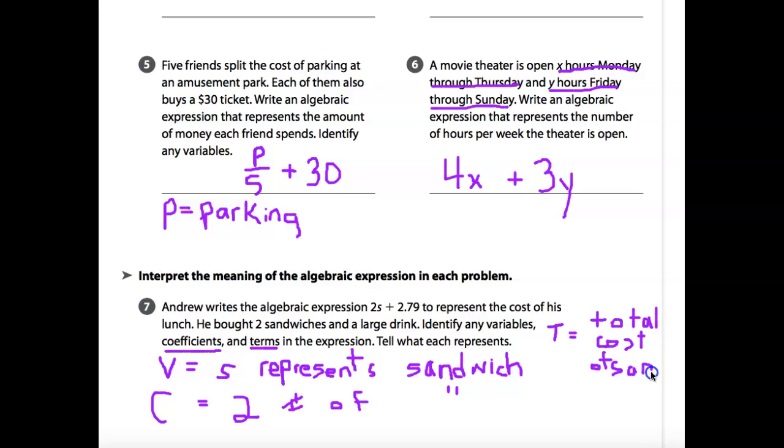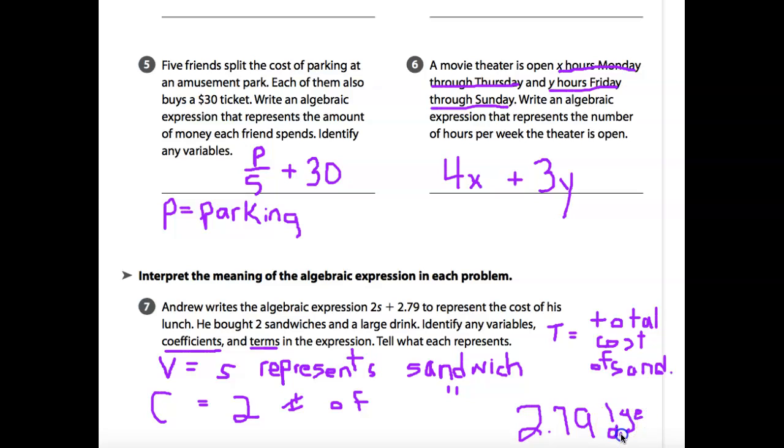All right, but you know what I mean. Okay. And 2.79, does it tell us? Yeah, 2.79 is the large drink. Large drink. Okay.